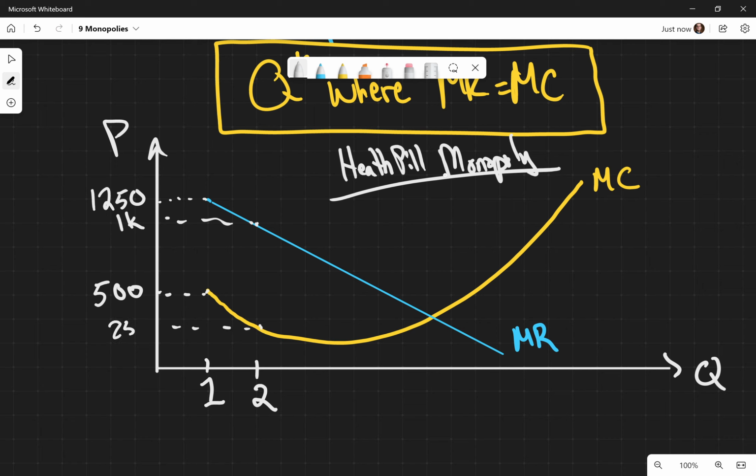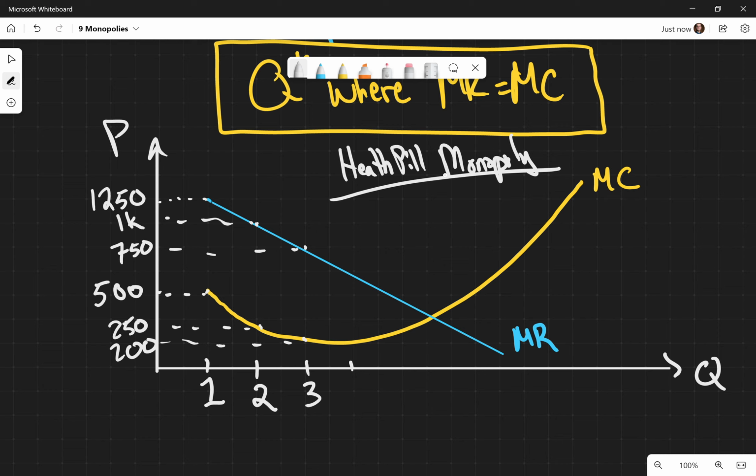Yeah, I want to take that second step. 1,000 is still greater than 250. That's going to give me $750 of marginal profit. At the end of the day, marginal profit is just the difference between our marginal revenue and our marginal cost. And so long as that marginal profit is positive, we're going to want to keep on producing. So we're going to go to the third one, where marginal revenue is at 750 and the marginal cost is down to 200.